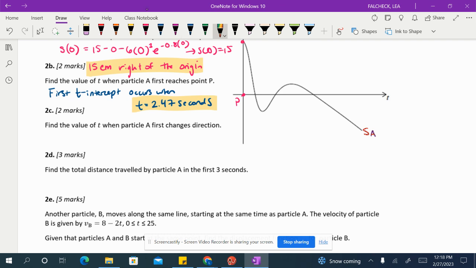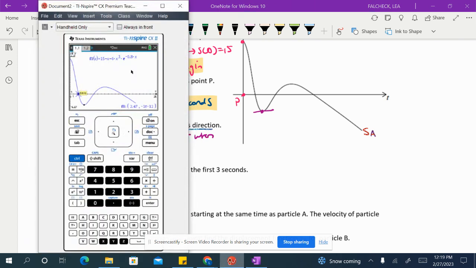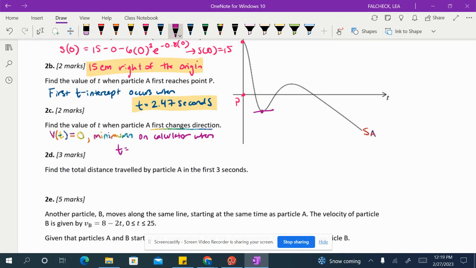So we want to find the first spot when it changes direction. That's going to be located at the first max or min. The first happens to be a minimum. So let's go ahead and find that on the calculator. Okay, so the first minimum is going to occur at time is equal to 4.08 seconds.